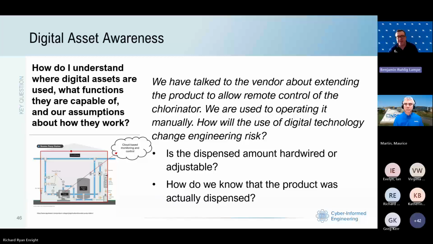You could start to see how this principle really helps provide some foundational understanding for the other principles to then operate on, just like how consequence-focused design helps set some of the foundational understanding by which to focus the other principles against. One of the key questions, especially in the chlorinator, especially if you are thinking about operating that remotely, how would you know the product's actually dispensed?